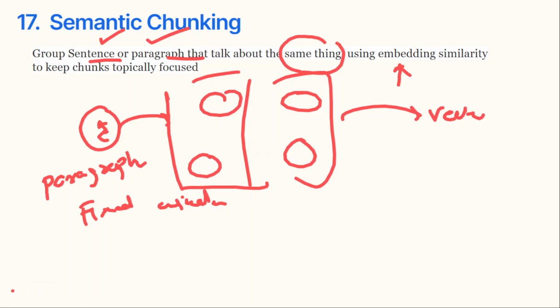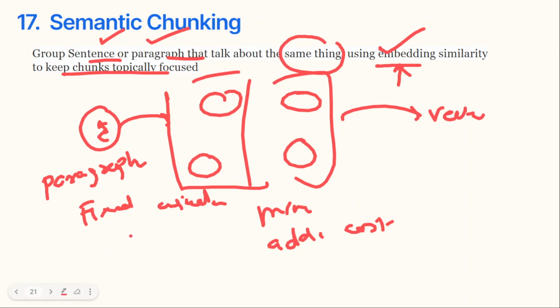And why do we go last? Because it adds additional memory and additional cost, since you need to create the embedding first before creating the chunks, to identify which ones are similar. Using embedding similarity, we keep the chunks topically focused. So at that time you can go with semantic chunking.